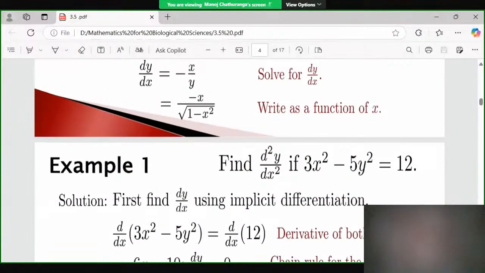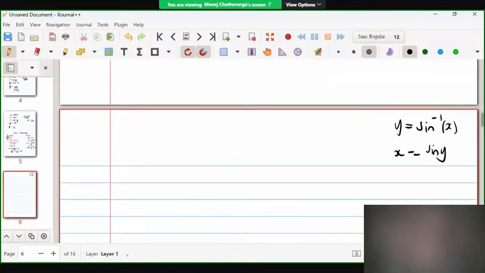Here's a good exercise. 3x squared minus 5y squared equals 12. This is an implicit equation.